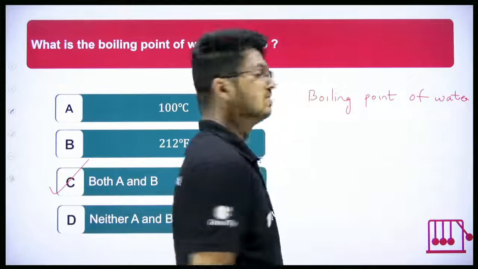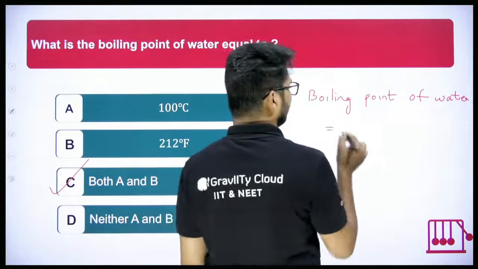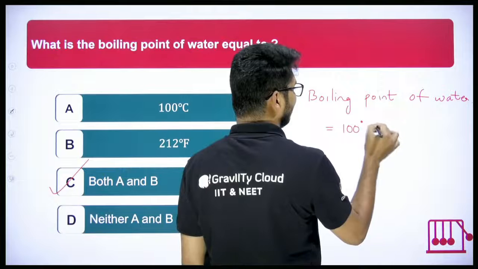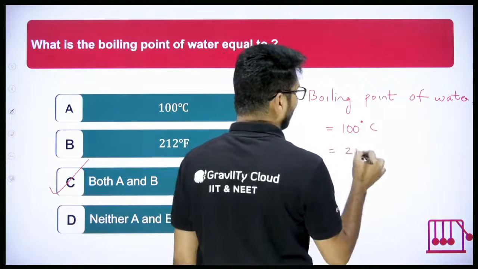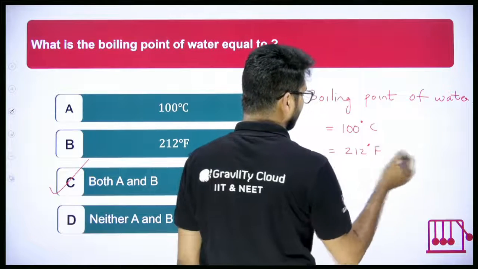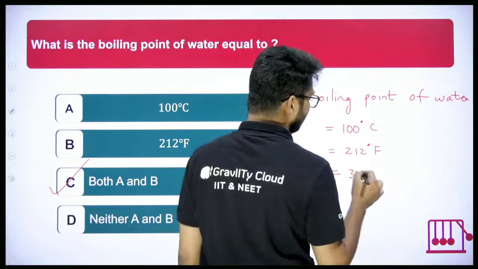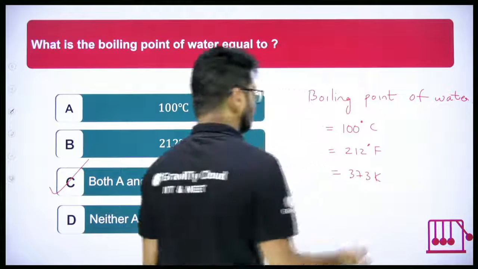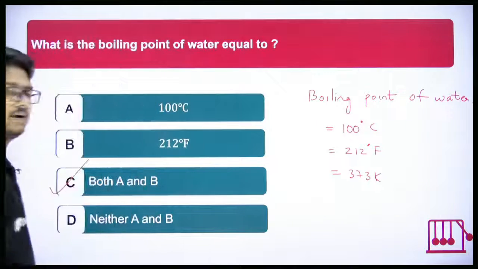In Celsius, 100 degrees Celsius. In Fahrenheit, 212 degrees Fahrenheit. In Kelvin, 373 Kelvin. Got it?